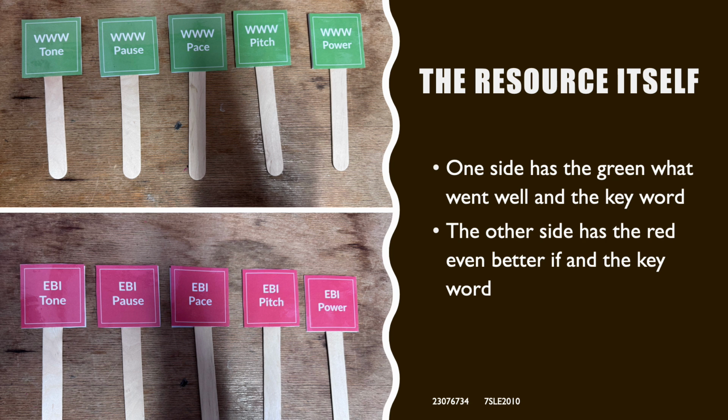This allows for a couple different uses, either led by me as the teacher putting out the lollipop stick and showing a student a side of it, and them having to give me the verbal feedback based on the side I showed to them, or the students themselves could pick out a lollipop stick and give verbal feedback based on a side they choose.